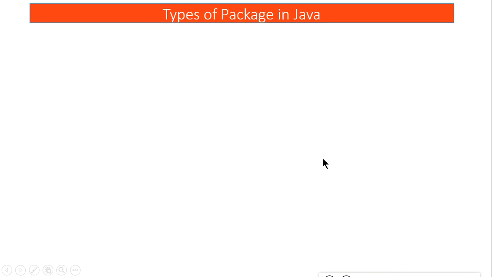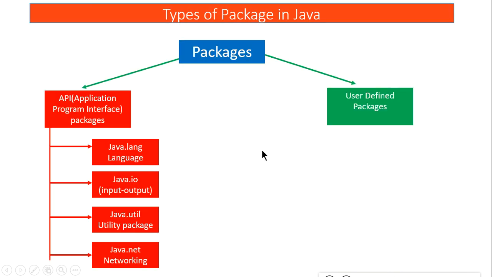Okay, so the API packages, these are the character user interface packages, that is CUI: java.lang, java.io, java.util, java.net. These packages are used for character based programming. You can include them with other packages, but basically these are used for character user interface.